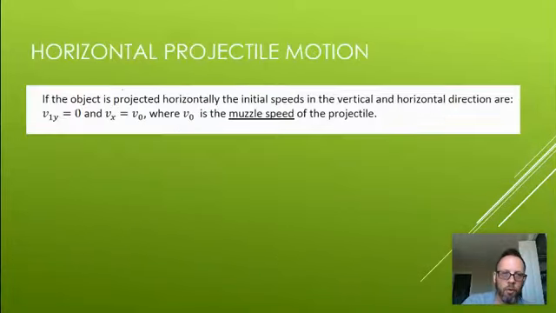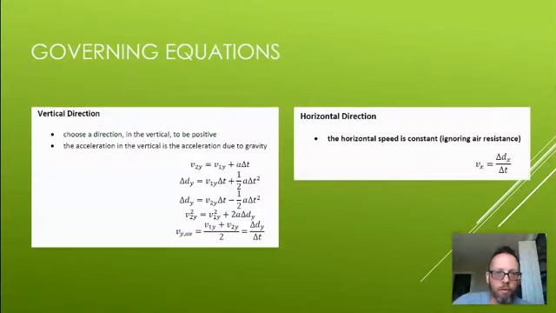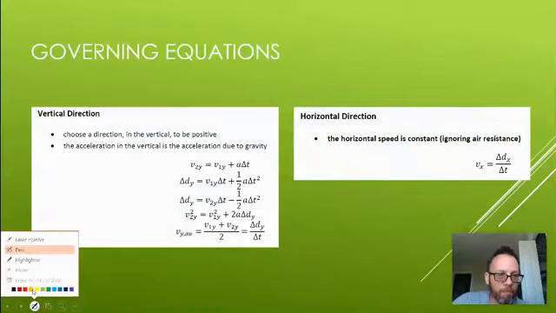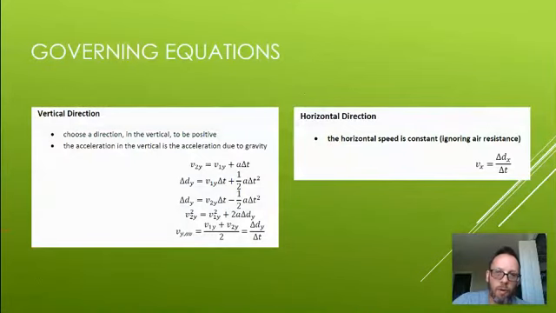There are two directions, so there are two sets of equations that govern projectile motion. The first is in the y direction. We have constant acceleration due to gravity, and the equations that govern our projectile motion are just our big five.